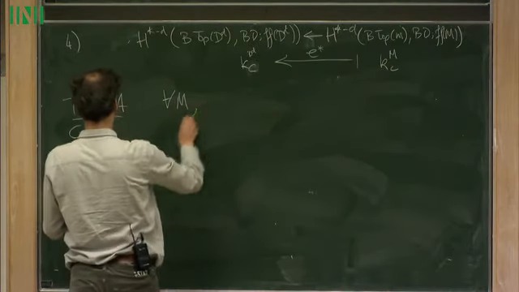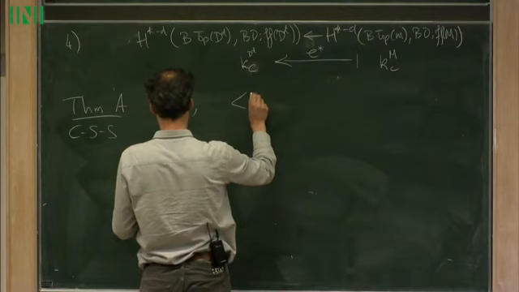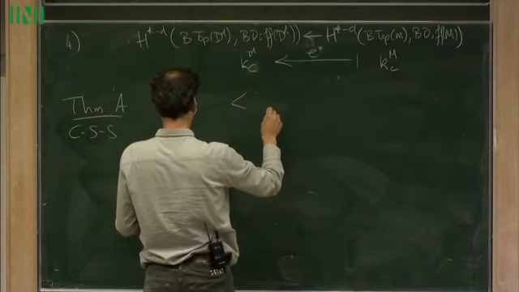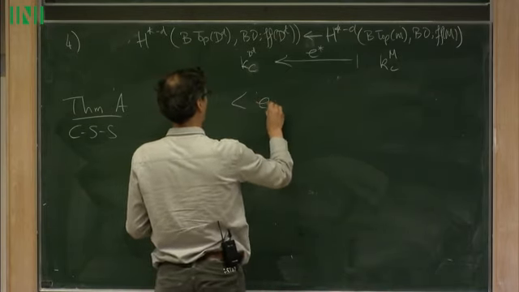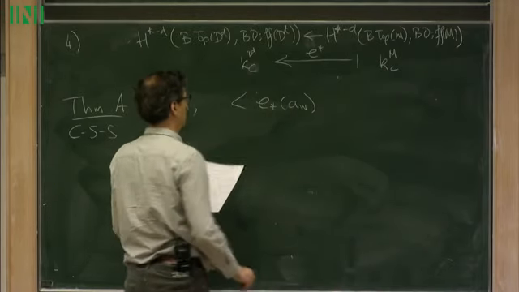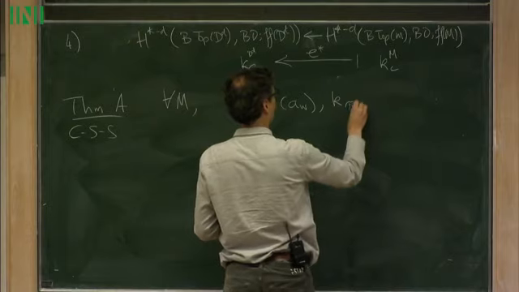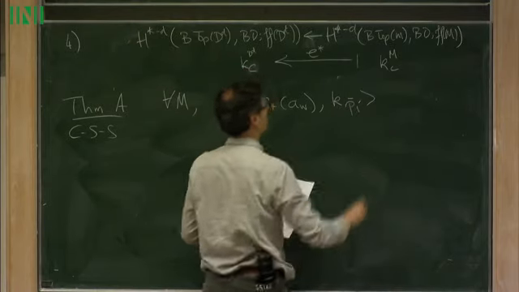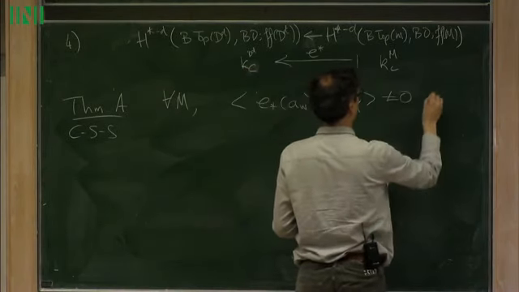So for all m, let's take the evaluation map applied to this Weiss class and evaluate it on kappa pi. This is non-zero, okay?